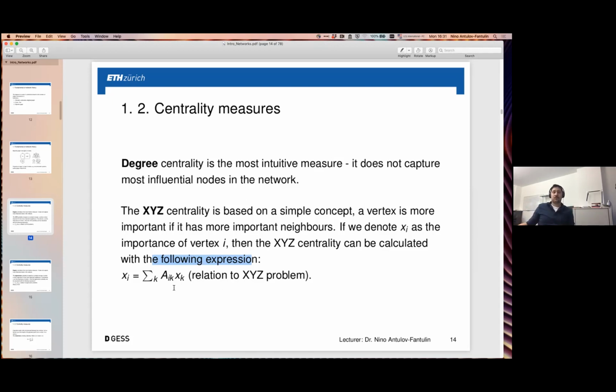Now my question to you is, if we define a recursive definition via this formula, do you see what this measure is? For example, is it related to certain types of problems in mathematics that you have encountered up so far?